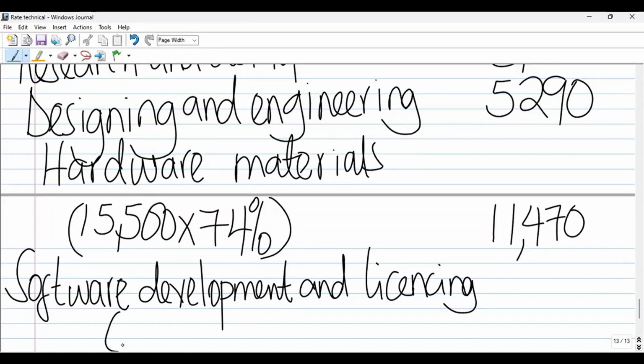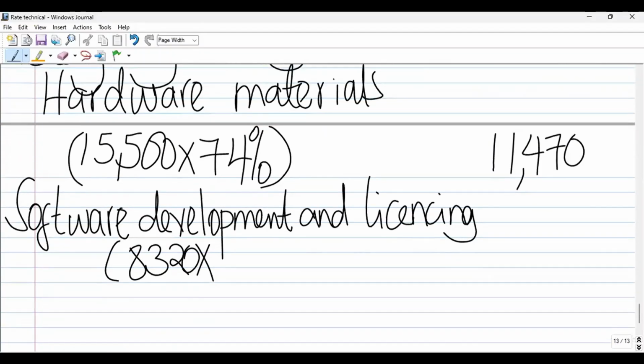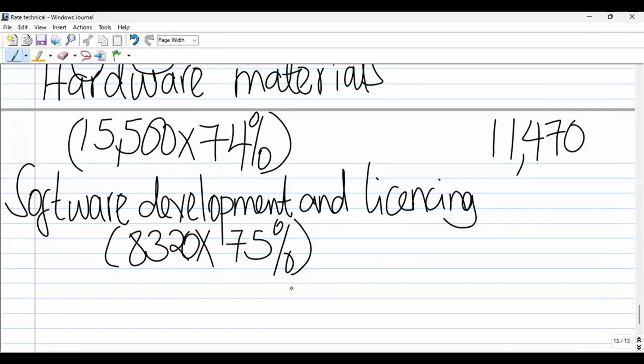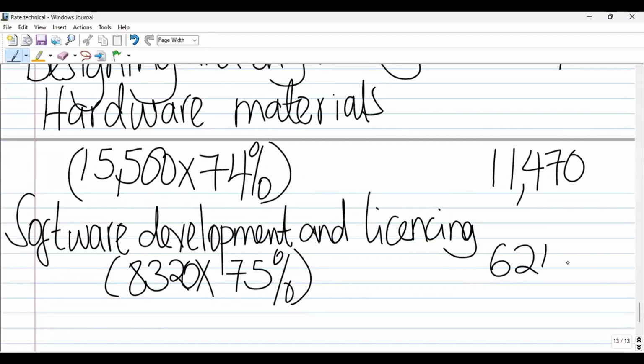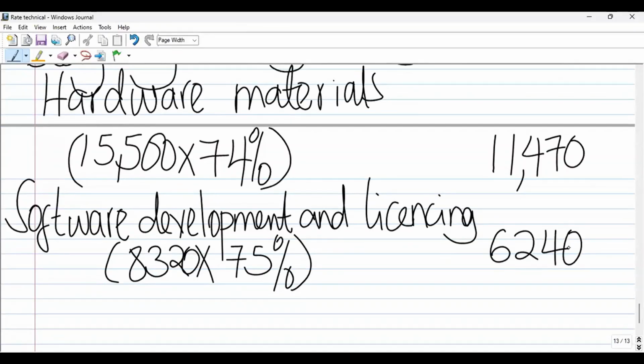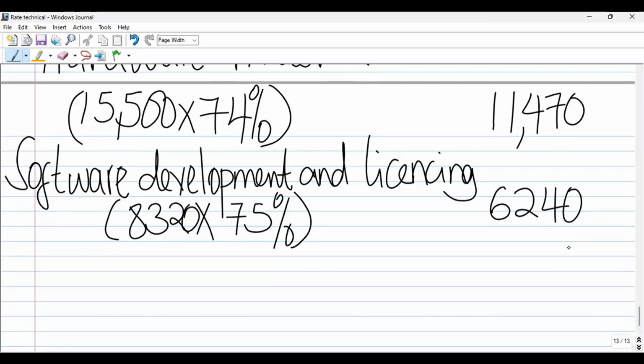Here they are giving us 8,320 times what? 75%. Giving what? 6,240. Let's go to the next.